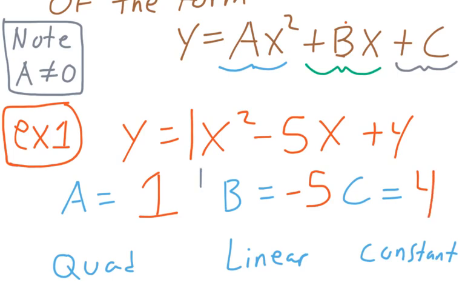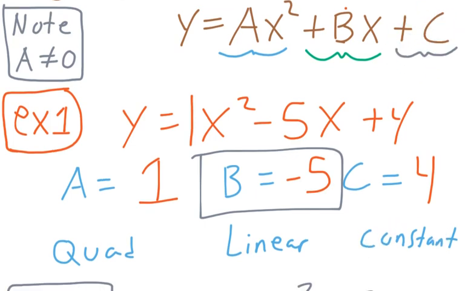So in this quadratic function, the a term is 1, the b is negative 5, the c is 4. This term right here, the ax squared, that's the quadratic term, because quadratic implies the x squared. The bx, right here, that's the linear term. And the c, just an old-fashioned number, that's your constant.